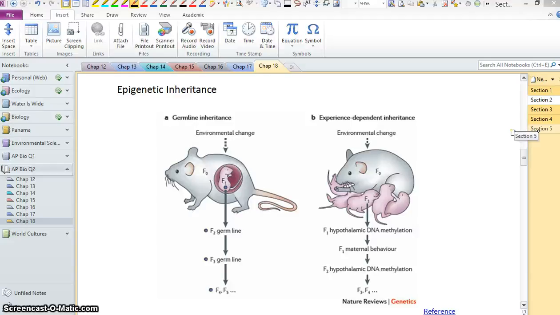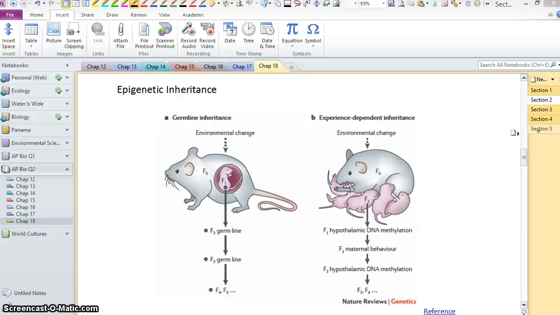That's the typical way we think of traits being passed on, as a change to the base sequence of the DNA, and that's what we would talk about with Mendelian inheritance and evolution occurring: these mutations.